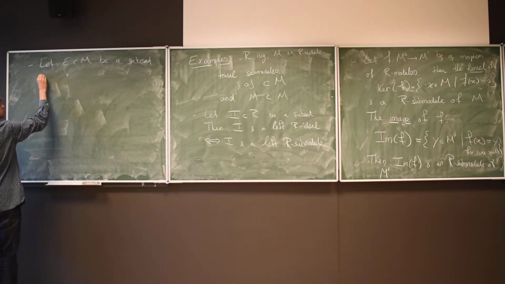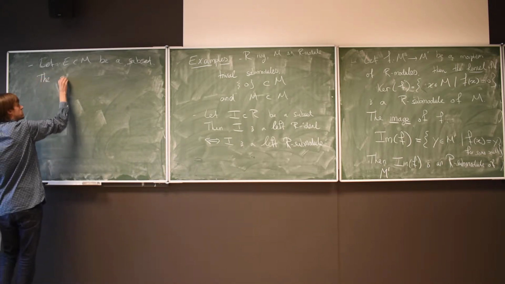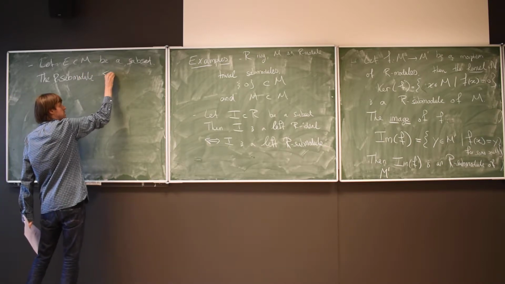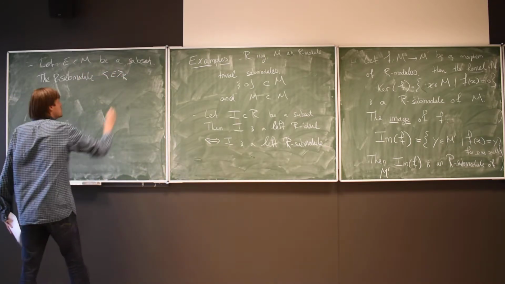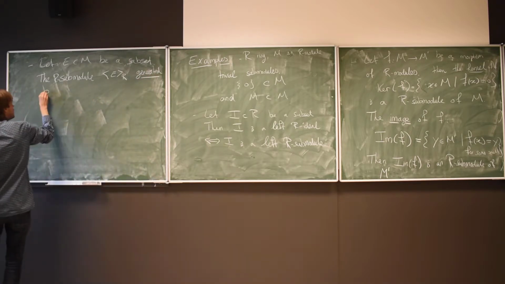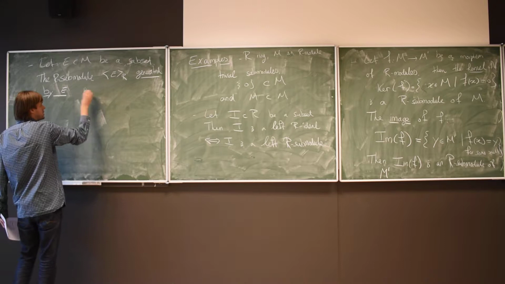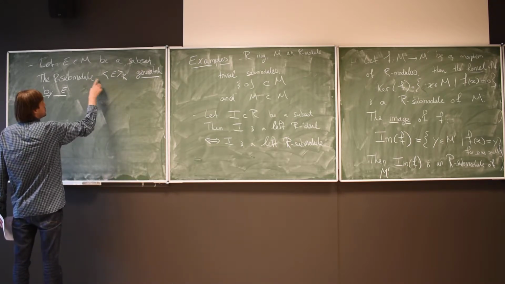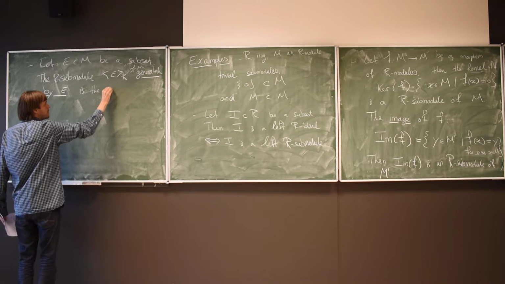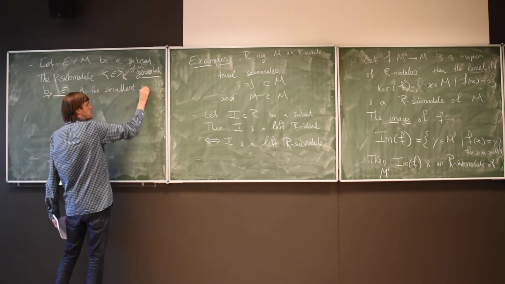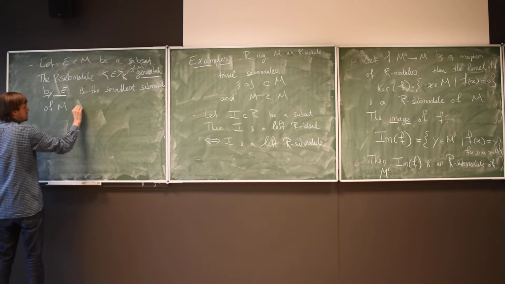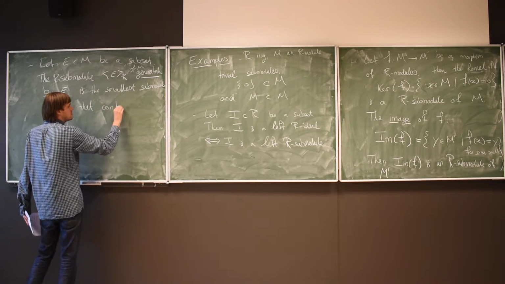And then our submodule of M generated by E, written with brackets E, is the smallest submodule of M that contains E.